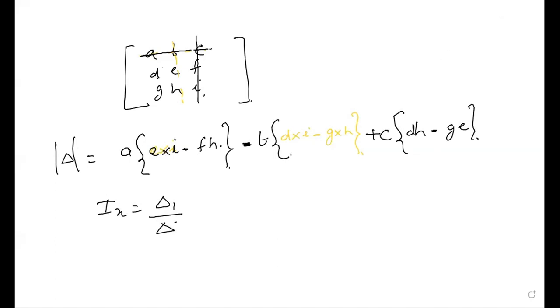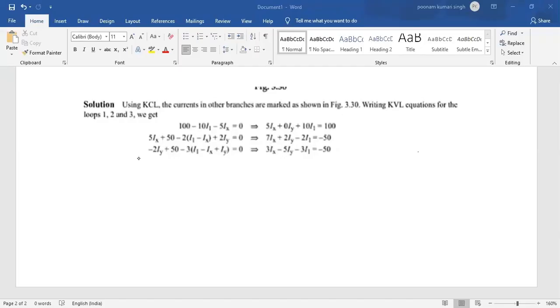Okay, so for example, this is our case. I'll just show you this part. When I'm talking about this, 5, 0, 10, 7, 2, minus 2, and 3, minus 5, and minus 3, I want to calculate the magnitude. Here it is 0.